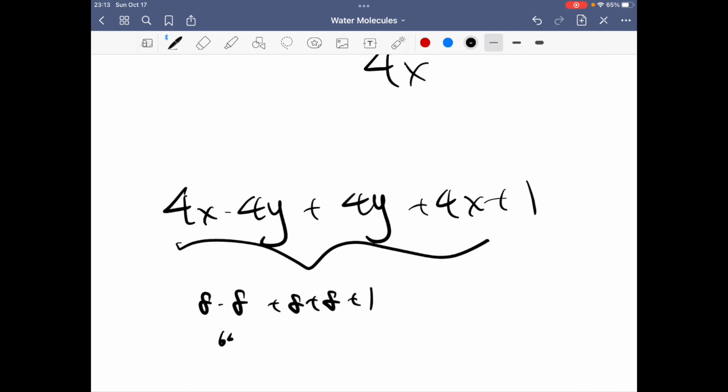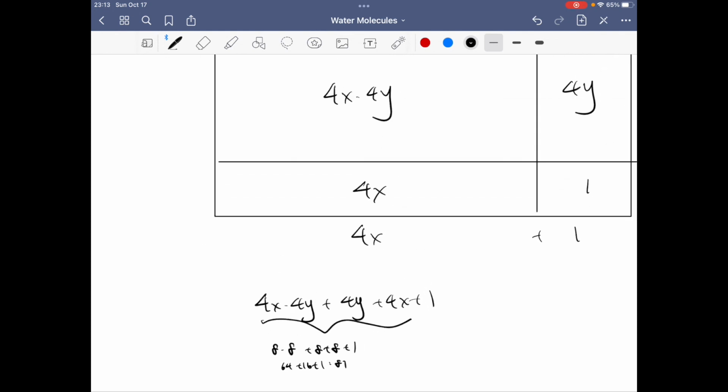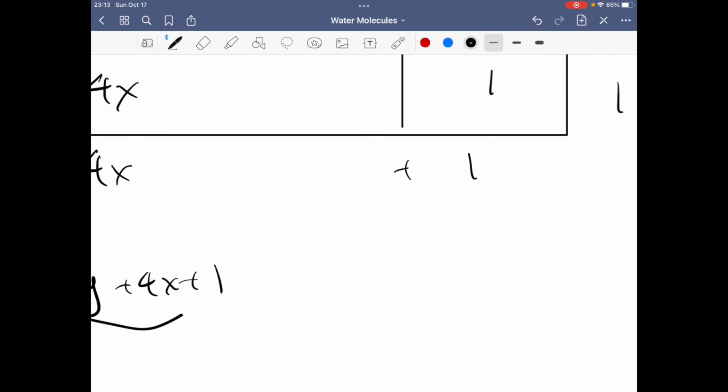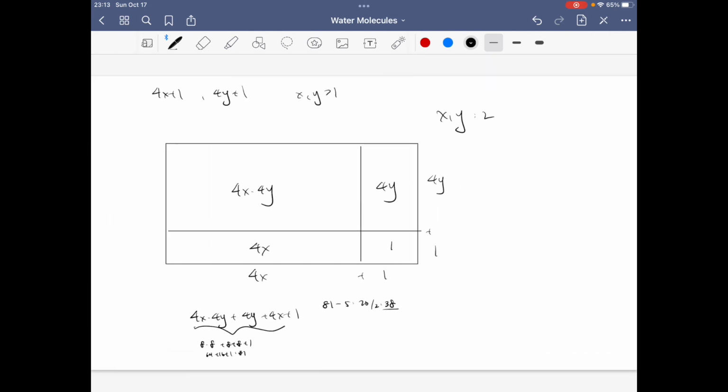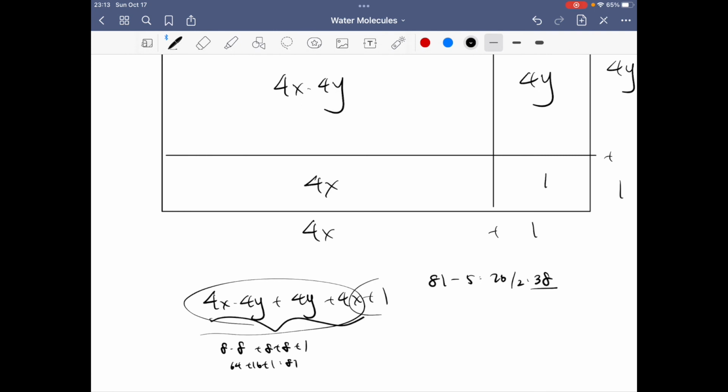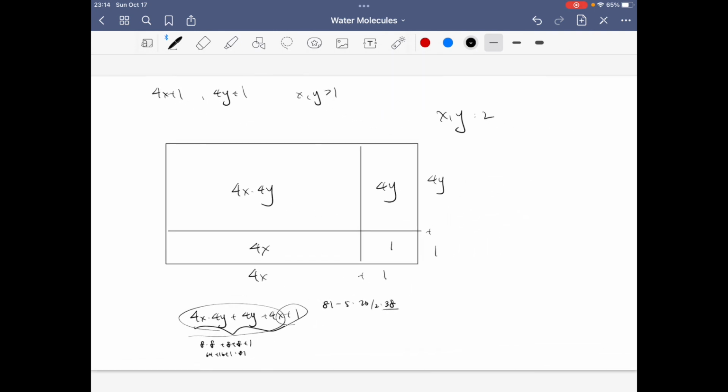So 64 plus 16 plus 1, which is 81. And 81 is for sure in the book. Let's just double check. Yep, it's in the book. So by using the rectangle diagram, we know that because these are multiples of 4, and then you add 1, if you multiply numbers that are in the book, then they are definitely in the book.